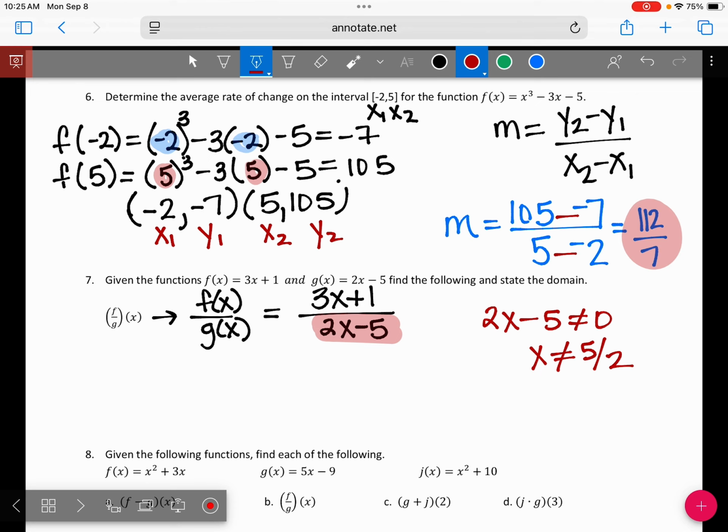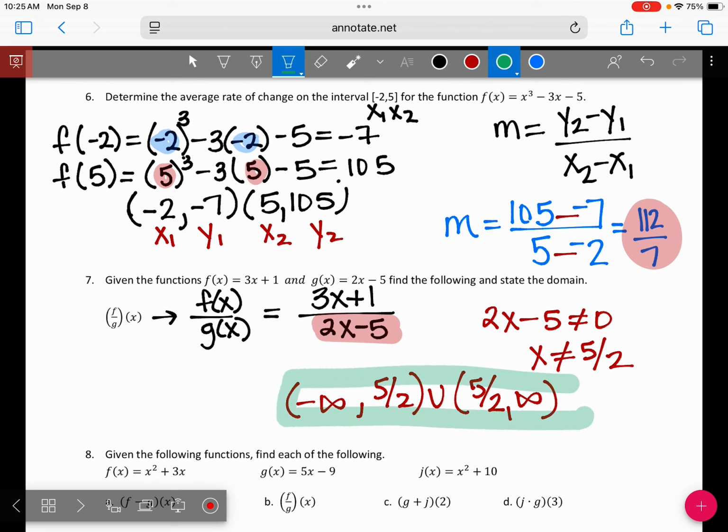So from negative infinity to positive infinity, but not 5 halves. That means negative infinity to 5 halves, union 5 halves to positive infinity. So we have our domain, and this is our function.